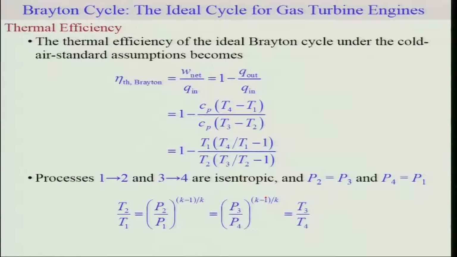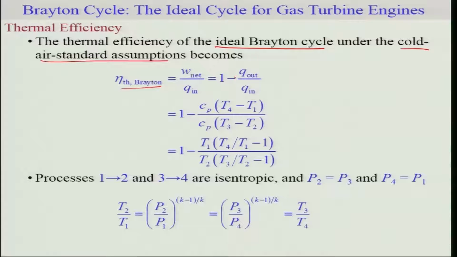We can also evaluate the thermal efficiency of this ideal Brayton cycle, and we will consider the cold air standard assumption, which essentially means that the air is considered an ideal gas, and cold means we are going to consider Cp at a typical value at 25 degrees Celsius. By definition, efficiency is given by W net divided by Q in.